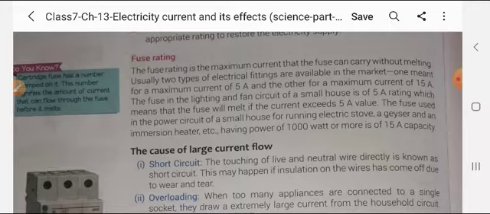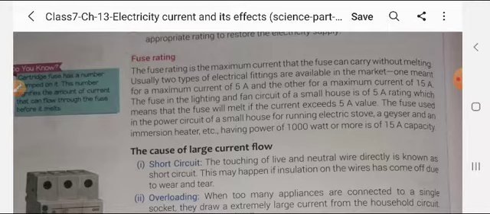Then the fuse will not melt and it will allow the current to pass to the other side. In that condition, the appliances will get damaged, because the wire inside the fuse is of high power holding capacity.